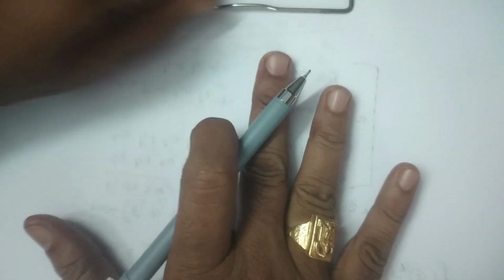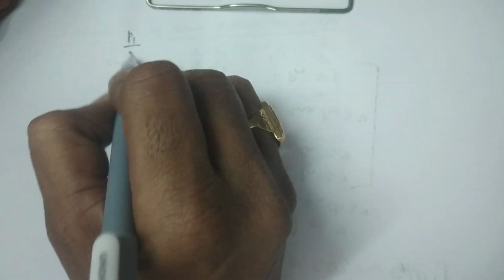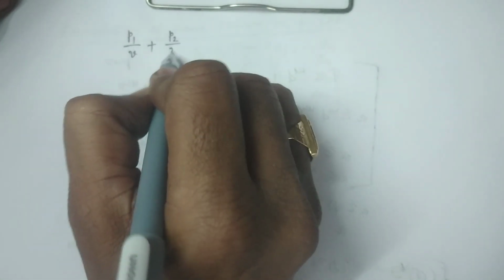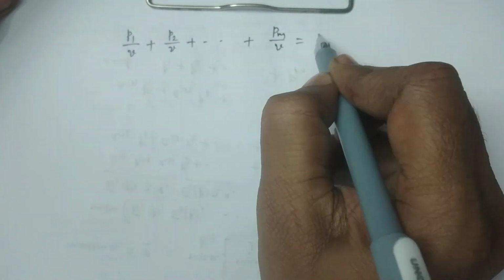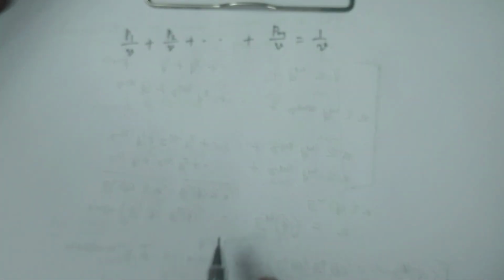First of all, P1 plus P2 plus Pm. If you divide the equation by mu, you will get P1 by mu plus P2 by mu plus and so on plus Pm by mu equal to 1 by mu, right?